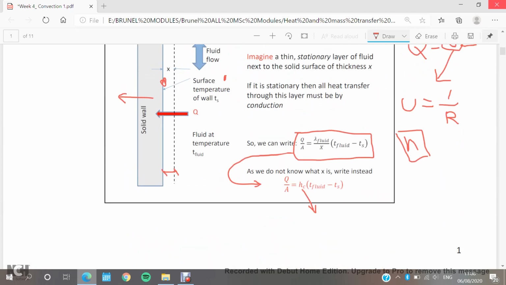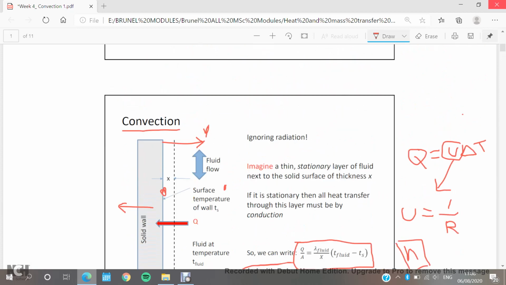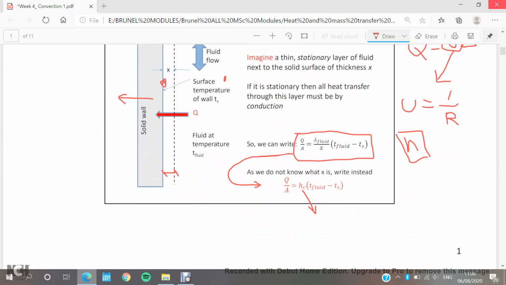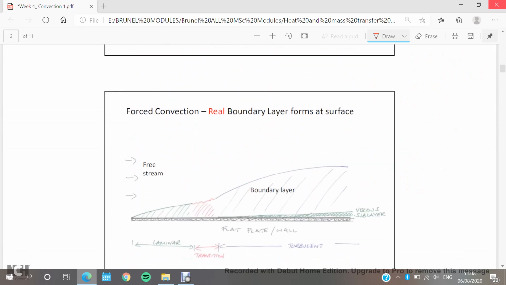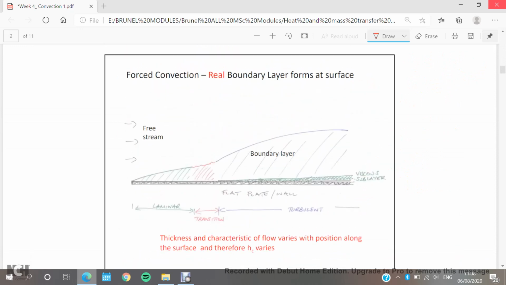We discussed this equation based on a uniform thickness of this fluid layer near the wall, but in real life, this layer will not be uniform as it is here. In real life, the layer near the wall or surface will take the shape we see in this diagram.